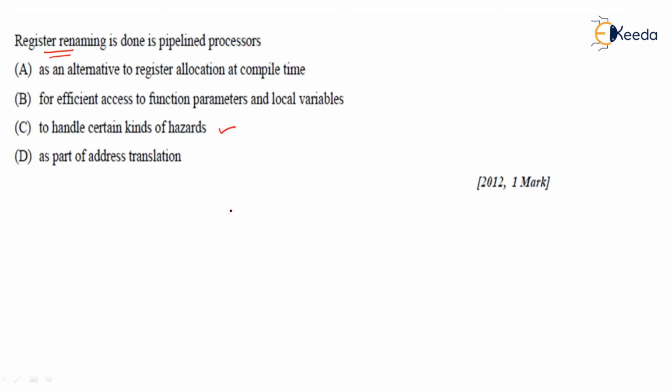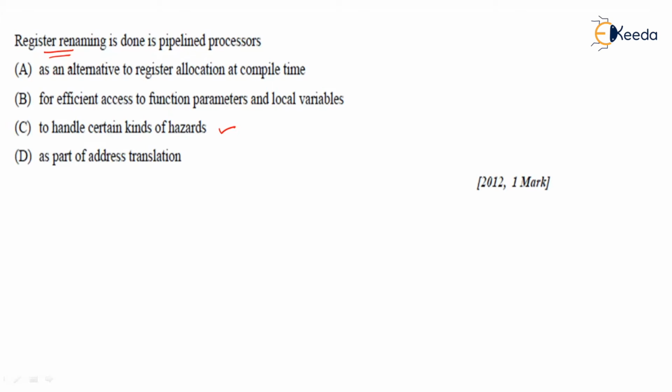You know, there are various hazards: data hazards, structural hazards, and control hazards. Each hazard is handled in a wide variety of ways. Register renaming is to handle data hazards, because there are several kinds of data hazards in which two subsequent instructions may use the same data.